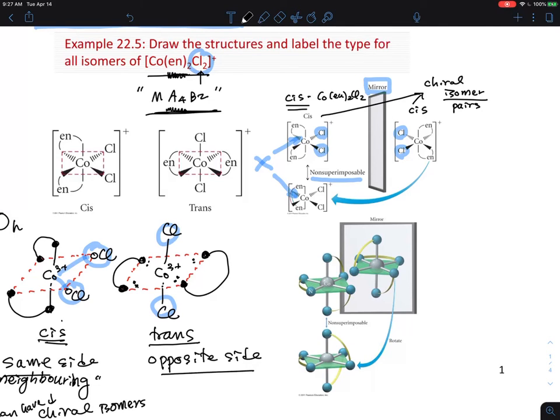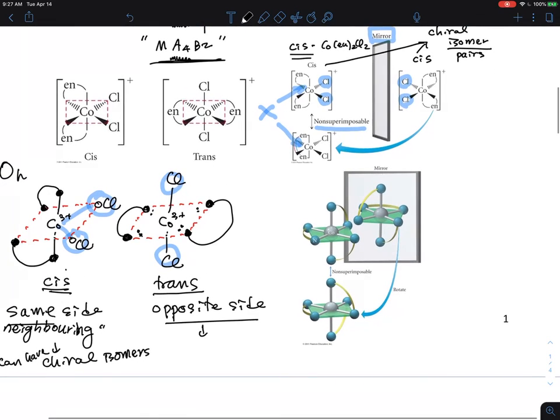And in trans cases, they are superimposable. So it's essentially the same molecule, whether it's the mirror reflection or not. So therefore, trans cannot have chiral isomers.